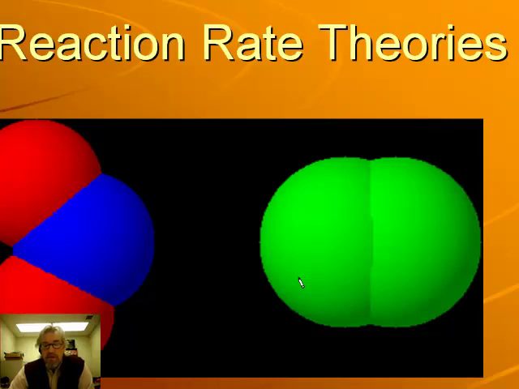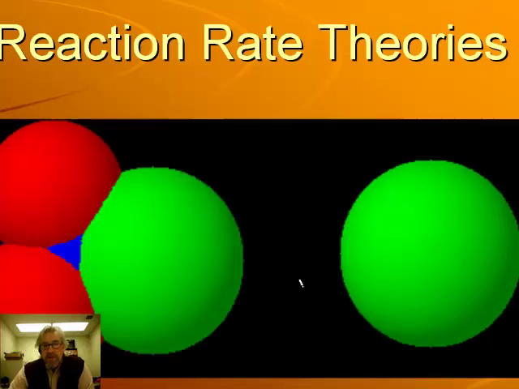The more particles collide with correct orientation, the faster the reaction is going to go, and that sort of makes sense. But even with proper orientation, it is possible for reaction rate to be relatively low. So look at these two particles collide. Their orientation is correct, but the collision is still ineffective.